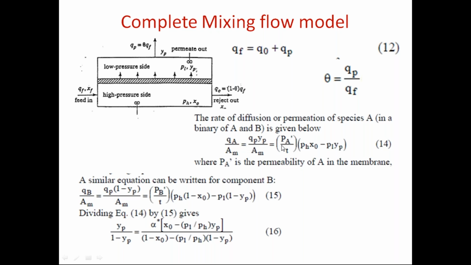So you can consider the permeability. P A bar is the permeability, divided by t, the thickness of the membrane, then this is the partial pressure difference.